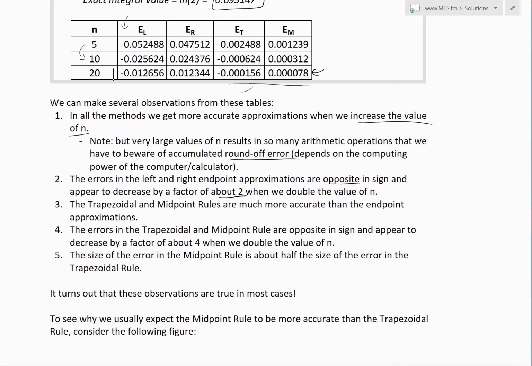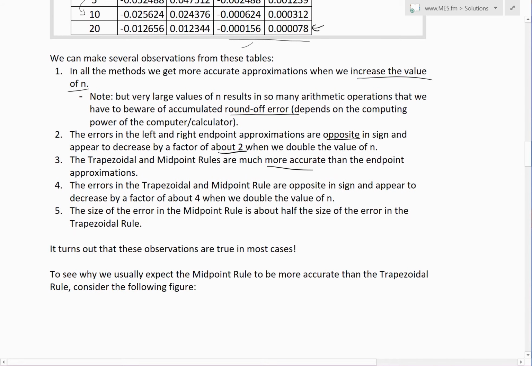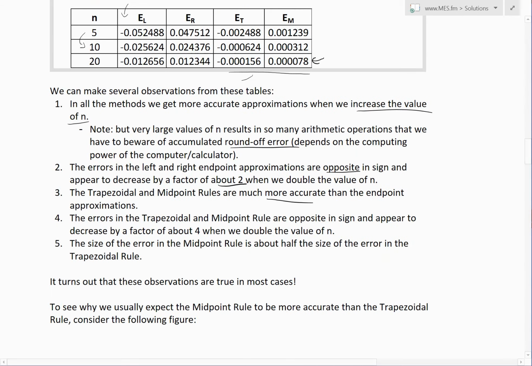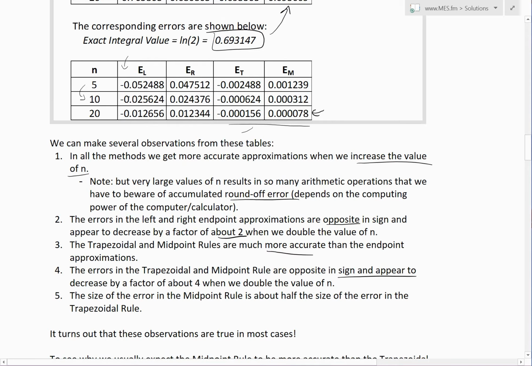The trapezoidal and midpoint rules are much more accurate than the endpoint approximations, and you can easily see that from the errors there. Now the errors in the trapezoidal and midpoint rules, this is interesting, are opposite in sign and appear to decrease by a factor of 4. So instead of dividing by 2 here, this is 12 goes to 3, and 3 goes to 7-ish, or between 8-ish, actually.